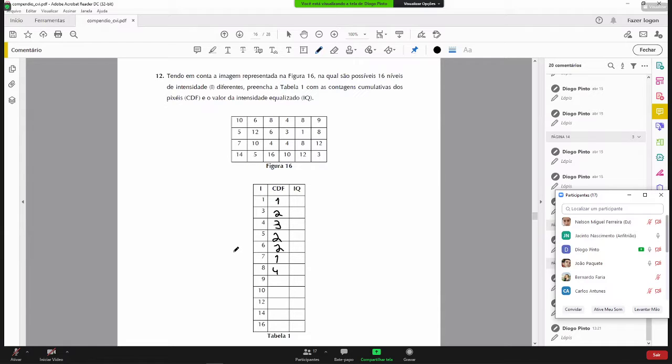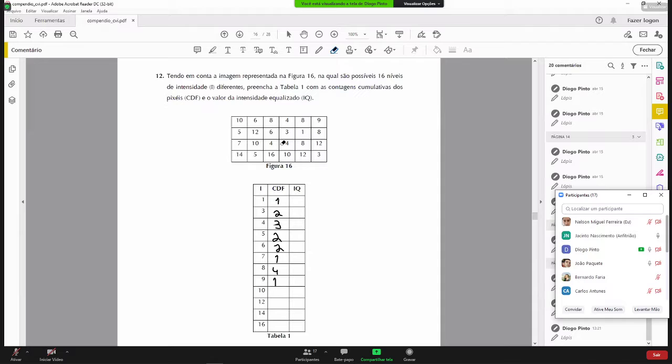Pequena válvula, 2. Qualquer coisa aí que está mal. Sei lá, o 1 quantas vezes ocorre? Occurrence of 1 is 1. Occurrence of 3 is 1. So it's okay, it's 2. Occurrence of 4 is 1, 2.